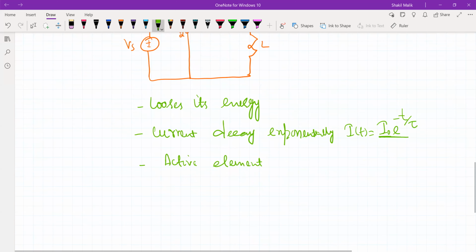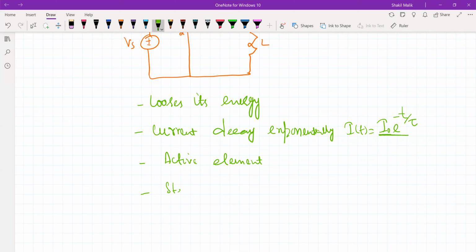At steady state, which we assume arrives after 5 time constants, the energy stored in the network is equal to 0. So these are the important observations that we learned from the previous sessions. All right, let me end this session here.